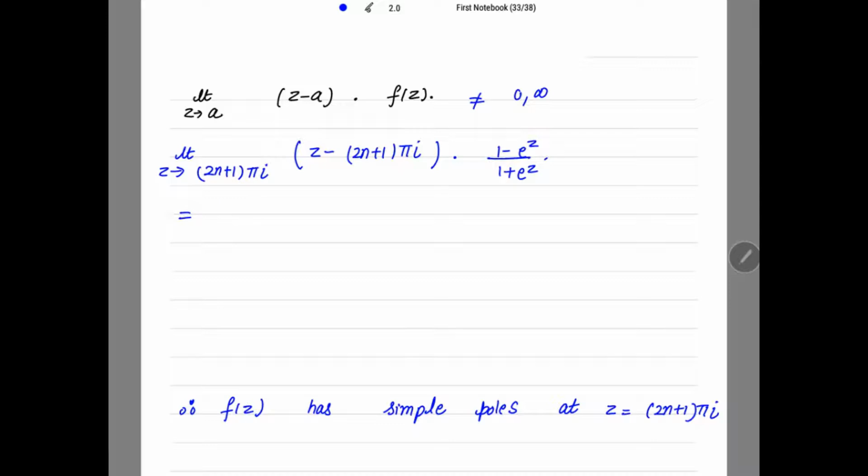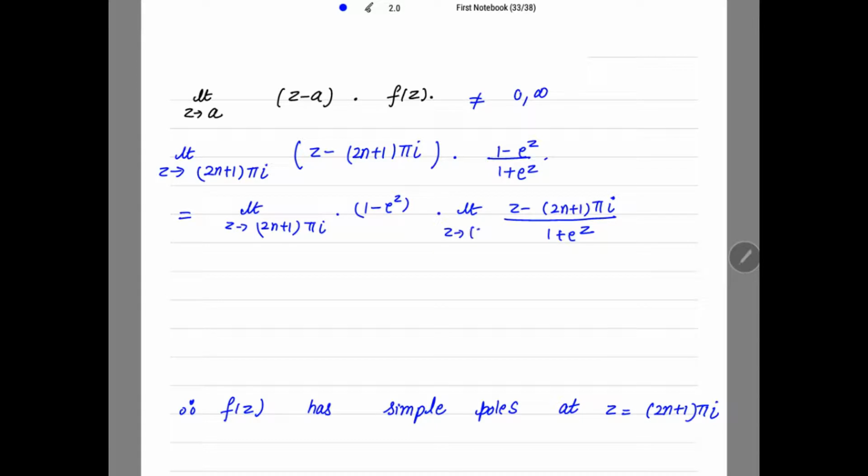Now what I am going to do is take the numerator separately and the denominator separately. I take the limit as z tends to (2n plus 1)πi, taking the numerator here, and taking this part (z minus (2n plus 1)πi) with the denominator 1 plus e^z.